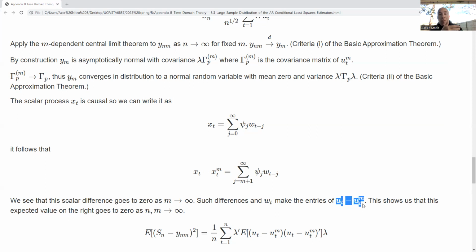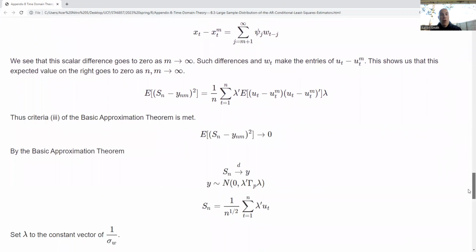Or if it's close enough, if it's pretty close to 0, then everything is going to work out. And you notice I'm taking an average of super small values. Taking an average of super small values, I'm going to get a super small average overall. Boom, I'm going to have that this expected value squared converges to 0. All right, so that is the last bridge of the basic approximation theorem.